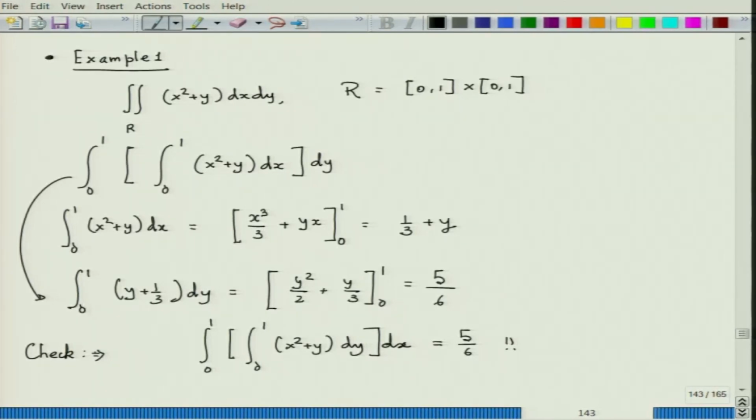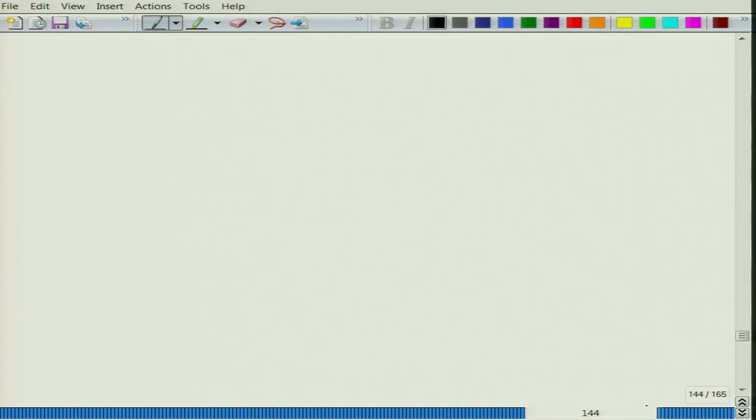Another example, I am using a black pen as if I am doing some homework calculation. Take two functions f and g from [a, b] to R, these are real valued functions and continuous. So, they are integrable.